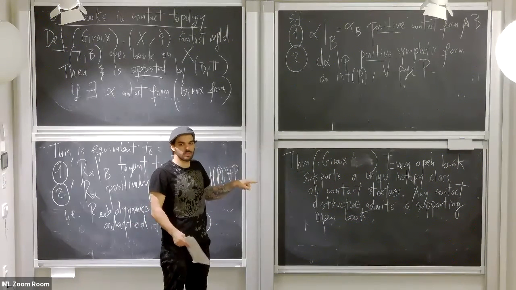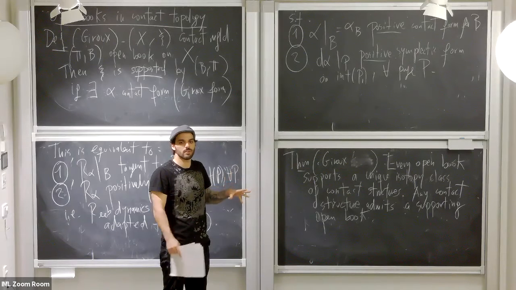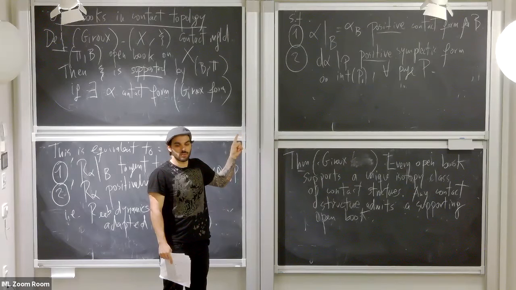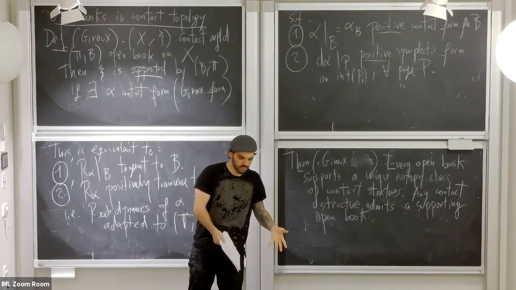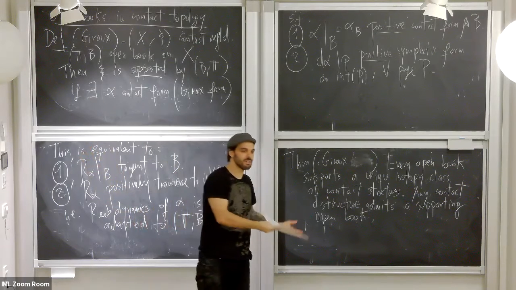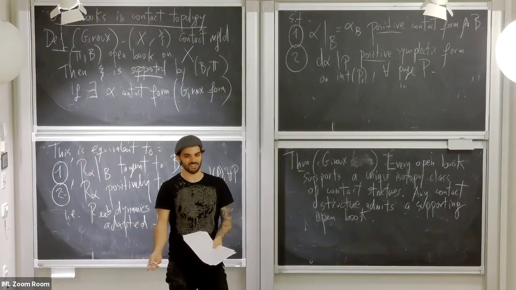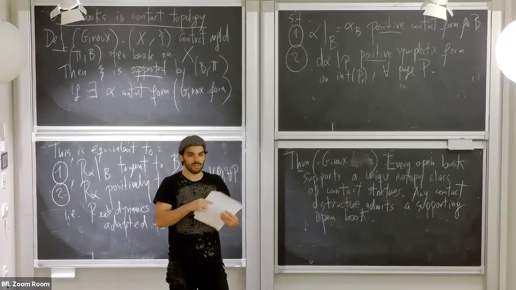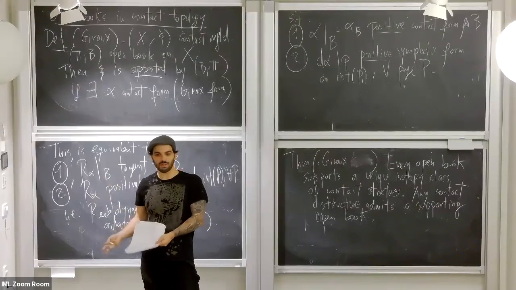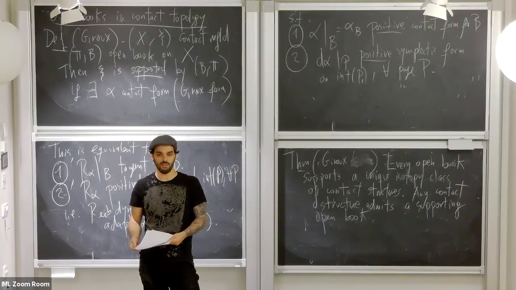This should be interpreted as a geometric or topological theorem rather than a dynamical theorem, because as I said, the Giroux form is never fixed. It's completely auxiliary. You give me my contact structure and I adapt some dynamics to the contact structure. It's not that you give me a dynamics and I adapt the open book to it. So this is a different direction. It depends on whether you're trying to study the manifold itself and doing contact topology, or whether you're studying the dynamical system, as opposed to the previous direction.